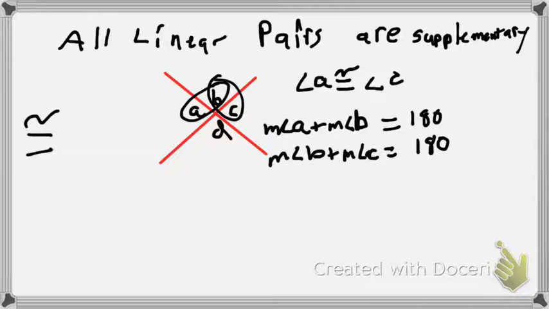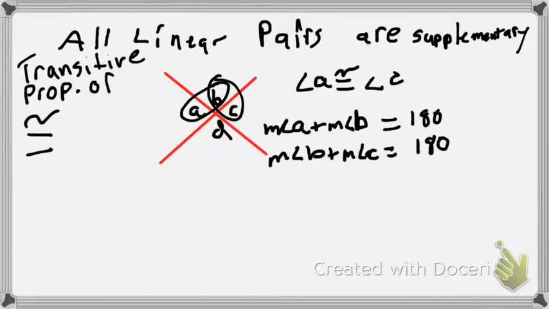Okay, so we are now going to be using what is called the transitive property of equality. I should probably write that down. I don't think I did last night. Transitive property of equality.